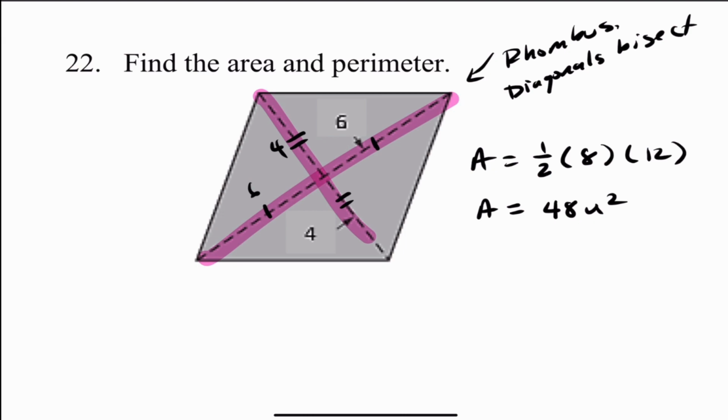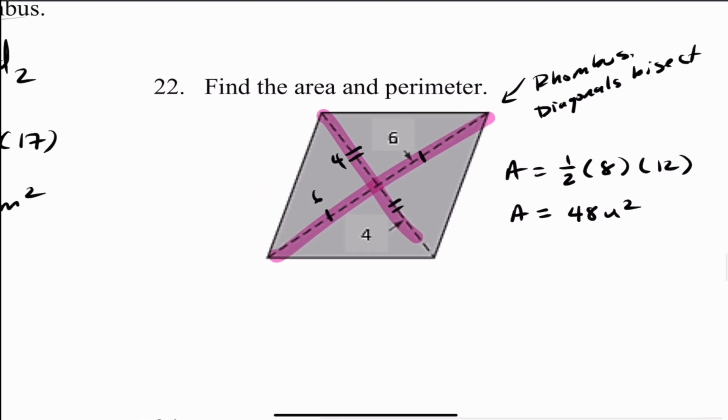To find the perimeter, I have to find all of these side lengths here. We have to know some properties. So the diagonals are perpendicular and all of the sides are congruent in terms of a rhombus.